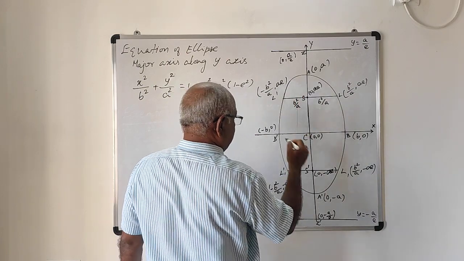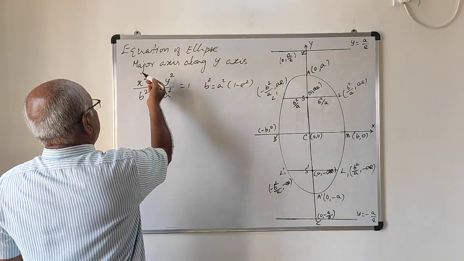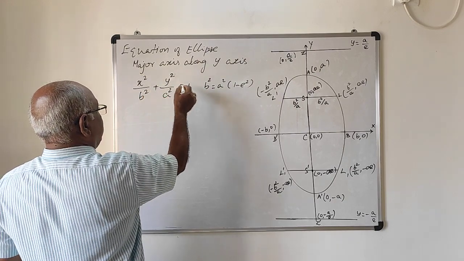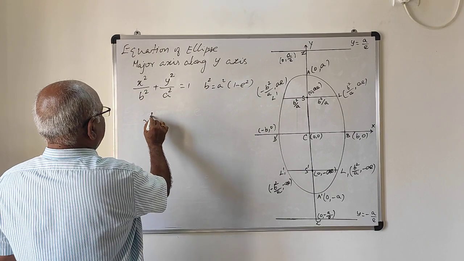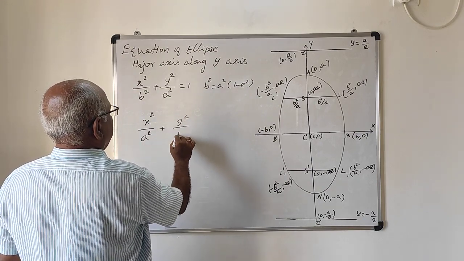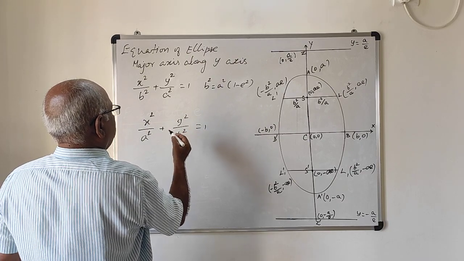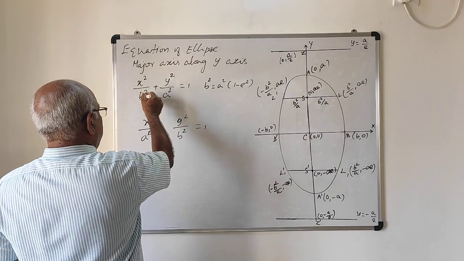The equation is x square by b square plus y square by a square equal to 1. If the major axis is along the x-axis, it is x square by a square plus y square by b square equal to 1.